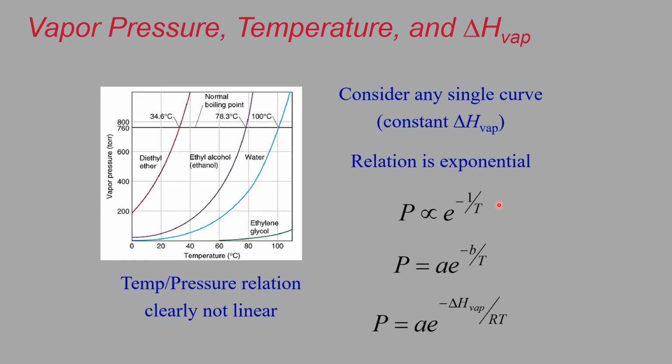It turns out the constant A doesn't have much of a physical meaning that matters, but the constant B does, and that is equal to the enthalpy of vaporization divided by this constant R. This R is the ideal gas constant that we use in the ideal gas law, just expressed in joules per mole per Kelvin units. And this is the enthalpy of vaporization, the measure of how strong the intermolecular forces are, how much energy you have to put in to break them.